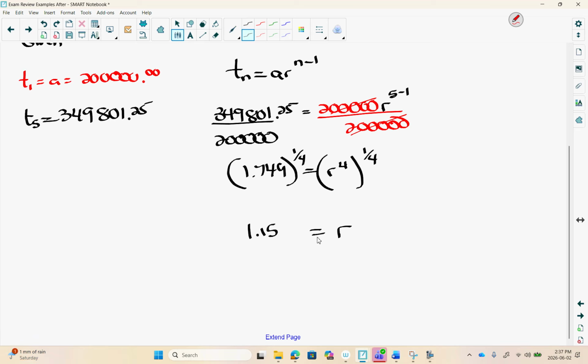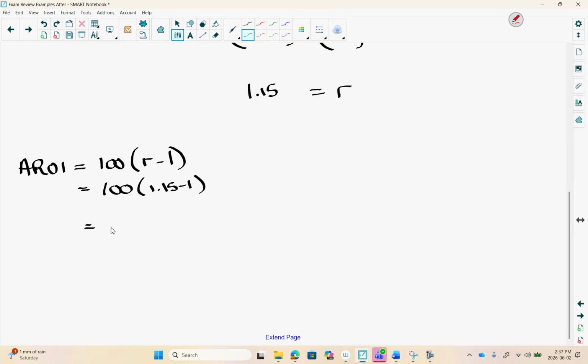That's the common ratio, but that's not what the question asked me to solve for. It wanted the annual rate of increase, and this is expressed as a percentage. I go 100 times your R value, subtract 1. 1.15 minus 1 is 0.15, times 100 is 15%. And you could say the house increased in value by 15% each year. And that is that.